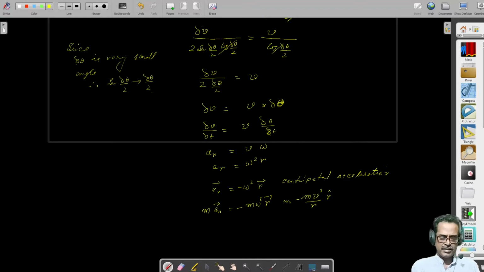These are the expressions. Okay. This is called centripetal acceleration, centripetal force.